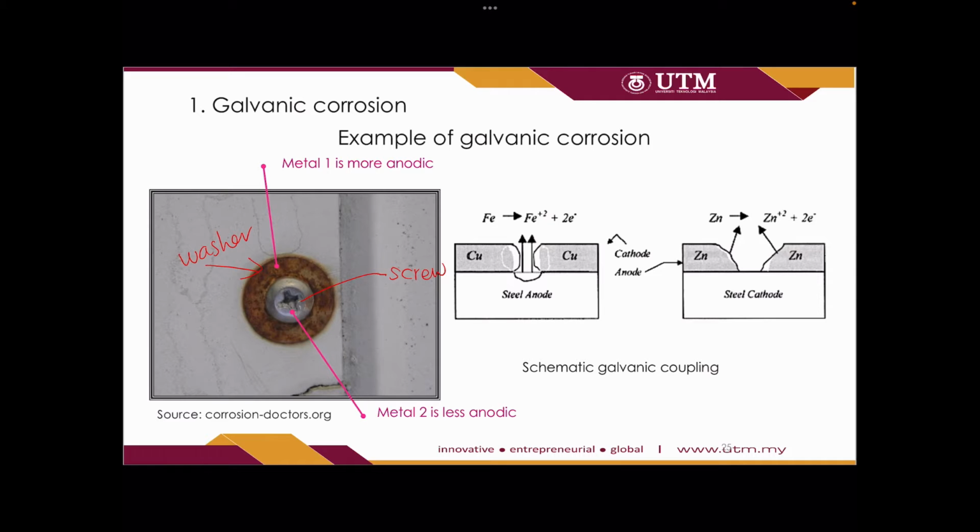Therefore, when they are placed together, they will be connected and form one electrochemical cell because they have different potentials, metal 1 and metal 2, and they are exposed to the electrolyte, which is the environment. So in this case, if we have copper and steel, steel will become the anode, and once steel becomes the anode, it will be oxidized.